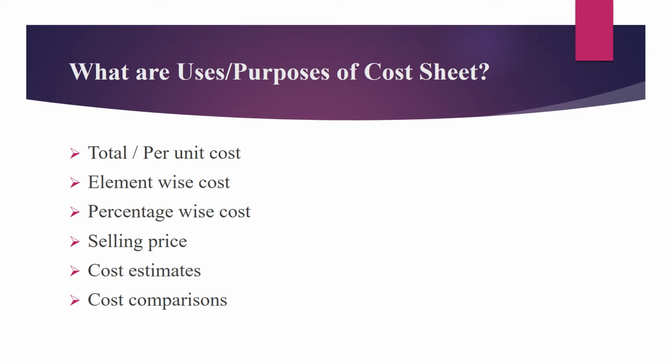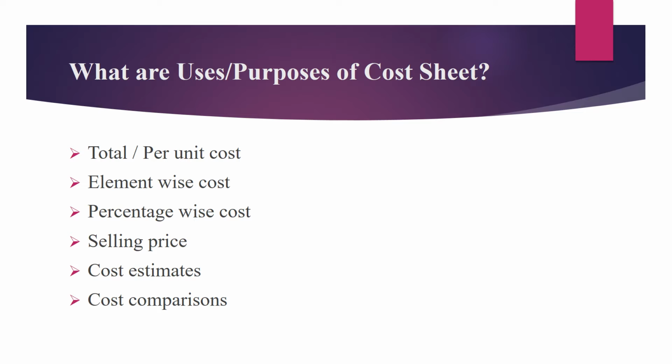Now let us see what are the uses and purposes of cost sheet. The very first use or purpose of cost sheet is total or per unit cost. In cost sheet, we calculate total cost incurred, also per unit cost of each element.